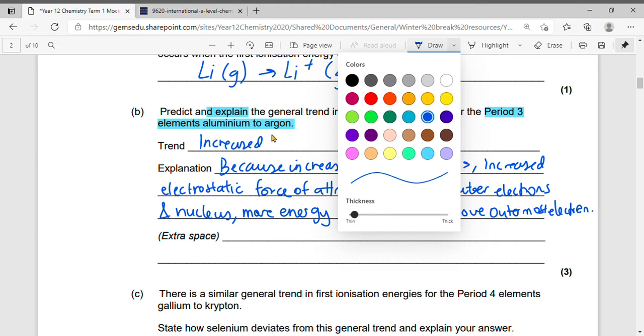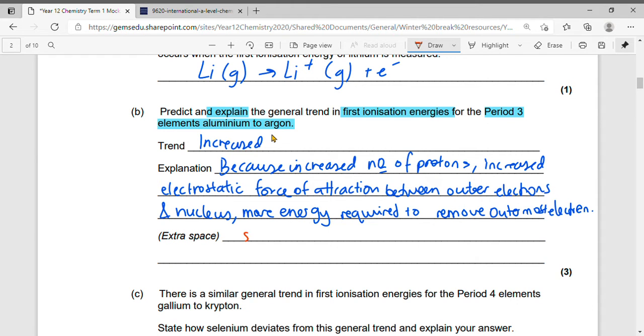I'd just like to add that there is the same shielding, because that definitely gets you one of those marks from there.